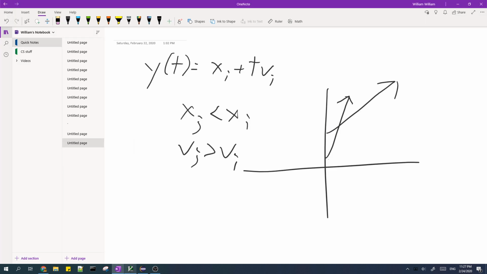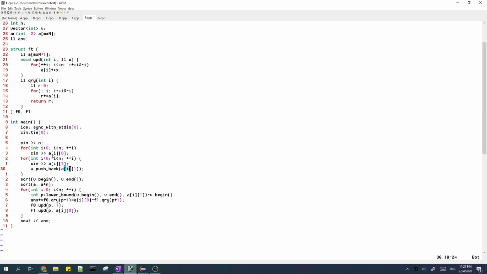Oh no, wait. v_j has to be smaller than or equal to v_i. When it's equal, it's parallel, so it'll never intersect, and if it's smaller, then it'll also never intersect. And then out of all of these pairs, we want to find the sum of x_i minus x_j. So what we're going to do first is sort all the points by their x coordinate.